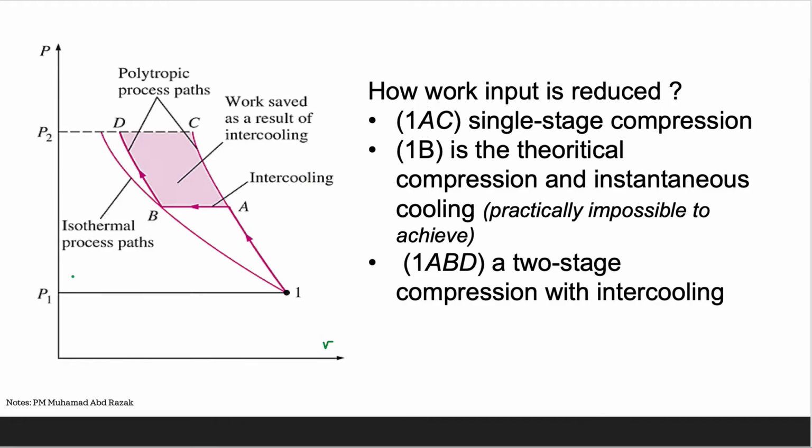If you look at this PV diagram, it is hard for me, or maybe hard for you, to understand. So I try to make it simple. This is the work input without using an intercooler. I represent it with one box, and I color it with this purple shade, and this shade represents work input.